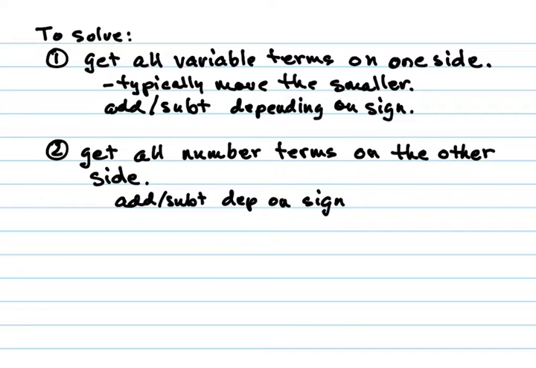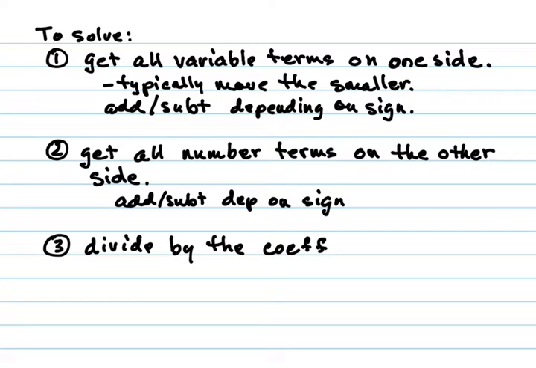Okay? And the third and last step is to divide by the coefficient. And again, coefficient is just a fancy word for multiplier, but it's the proper algebra phrase. I want you to use the right language. The coefficient of the variable term.